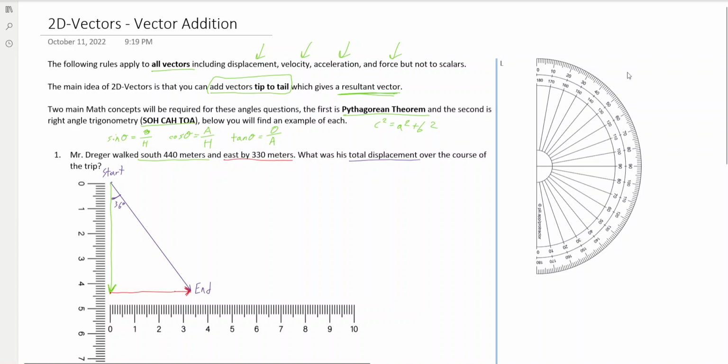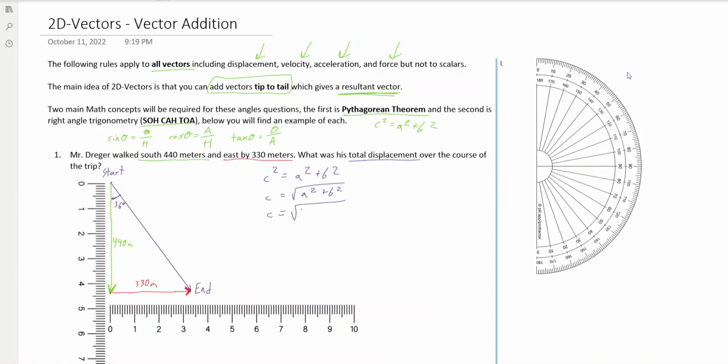Now let's try to do this by hand. So what would we get if we did this by hand? Well, if this is 440 meters, and this is 330 meters, to get the purple side, we can do Pythagoras. So we can go c squared equals a squared plus b squared, and c equals the square root of a squared plus b squared, and those values are the values that are given.